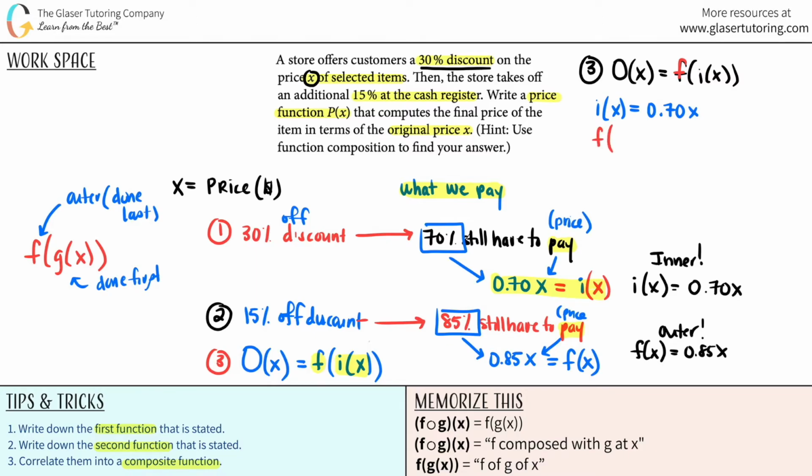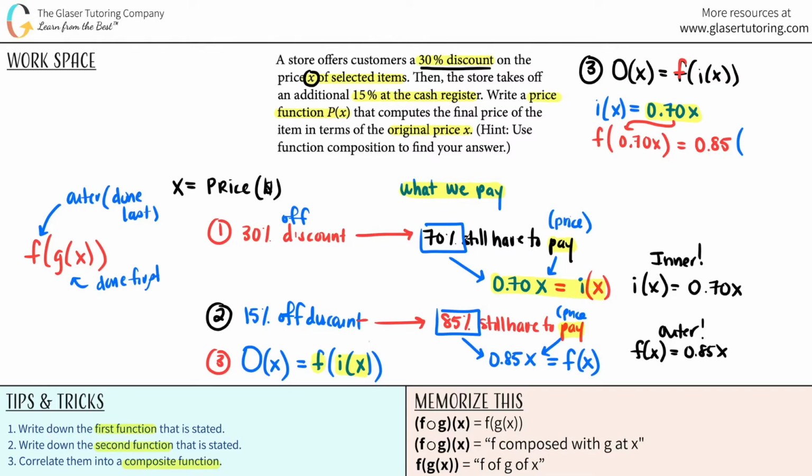And now the outer function was the F of X. But now I'm going to take this output that I found out and just plug it in for all X values that I see in my outer function. So my outer function was 0.85. And now I'm just tagging along. What was X? It's everything in the inner one.